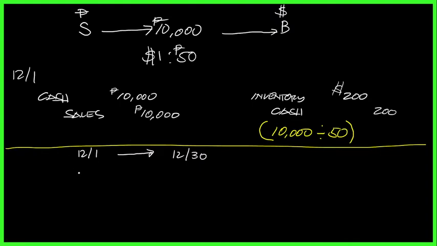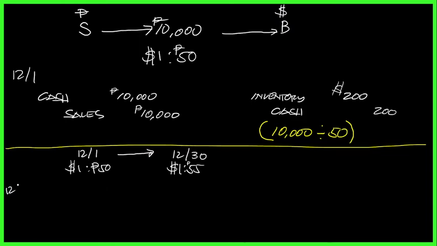Let's assume that on December 1, for every $1, the value is 50 pesos. And for December 30, the spot rate is $1 to 55 pesos. So what are now the journal entries in the books of the seller and the buyer?